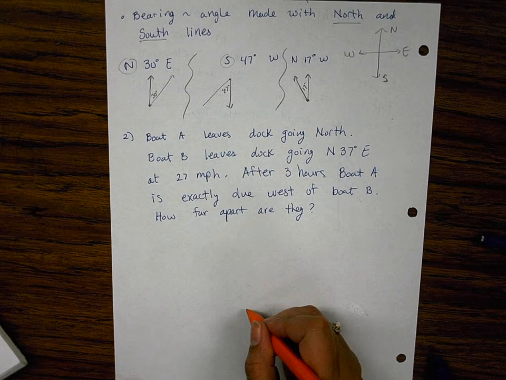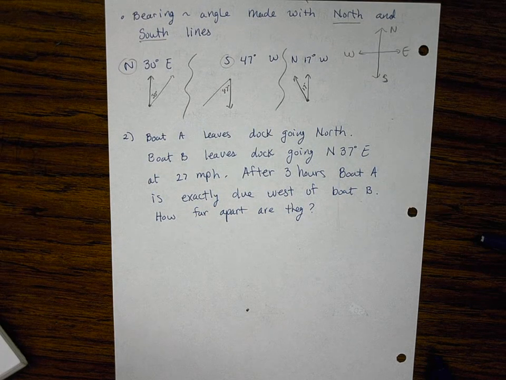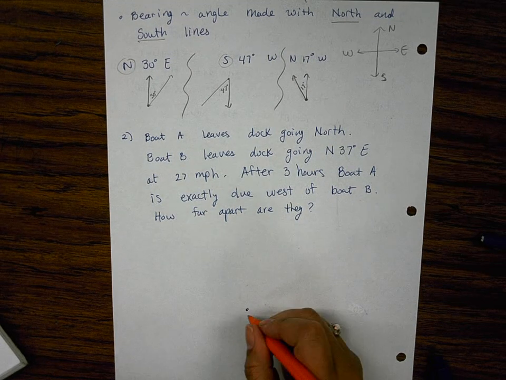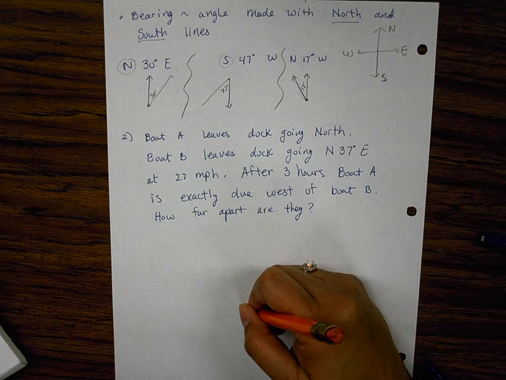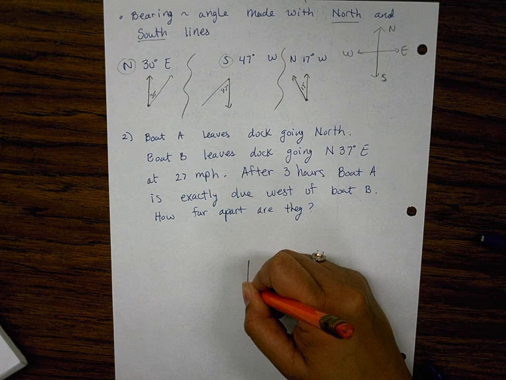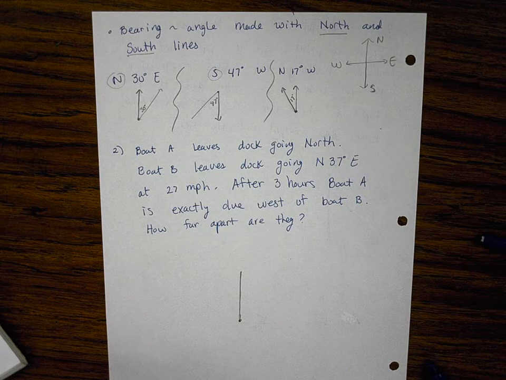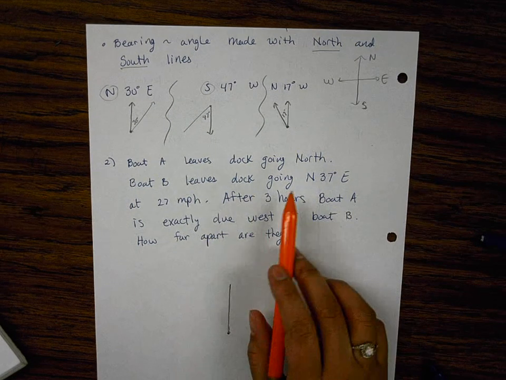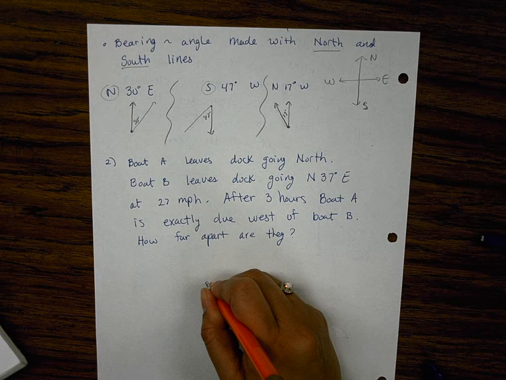All right, so boat A leaves dock going north. Okay, so I'm going to start with boat A. And boat A goes north, so it's not going any west or east, it's just going straight north. We don't know how far, we don't know how fast, we just know it's heading north.